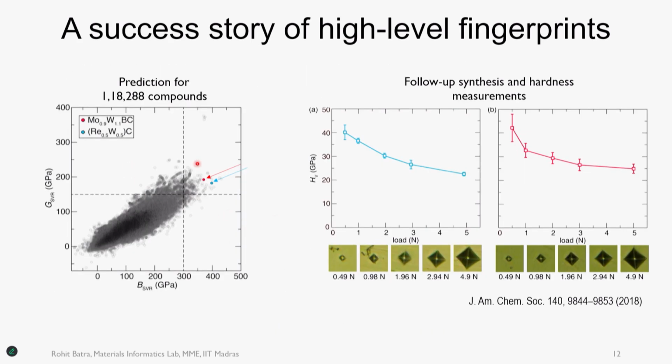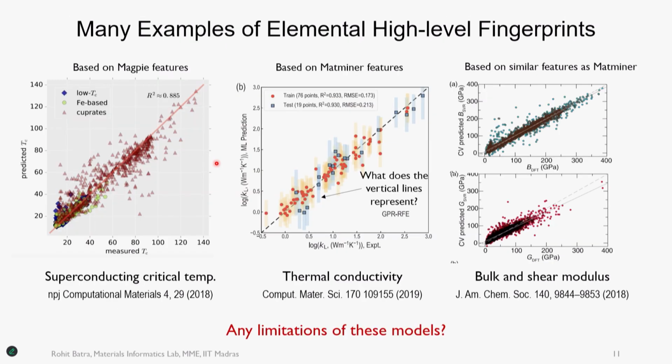But let me just give a little bit more detail about the shear modulus. In the shear modulus and bulk modulus study, the important thing was the data that you see here. You see the ground truth is actually DFT value. So the authors did not have access to experimental data.